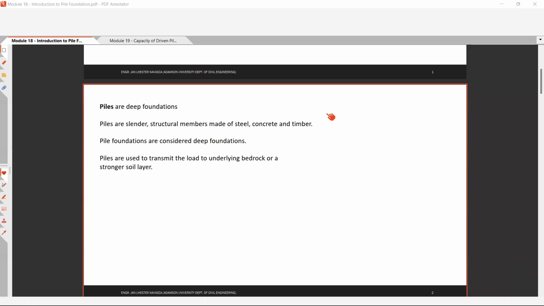Ginagamit kasi yung deep foundation since yung topsoil mo hindi ganoon kayang i-carry yung actual load sa taas. So the solution is to provide a deeper foundation para matransfer yung loads dun sa mas malakas na soil layer or yung bedrock or yung stronger soil layer nyo.